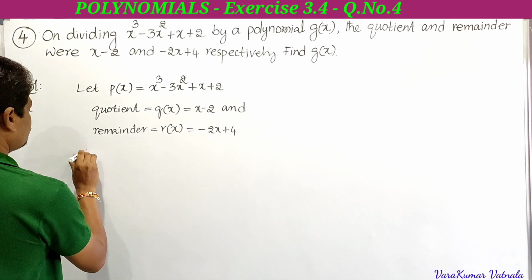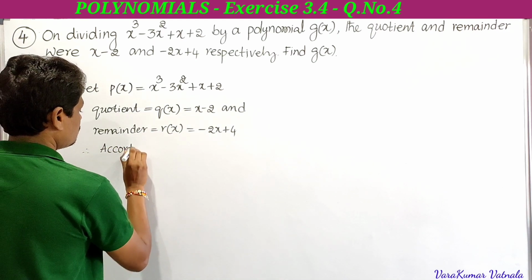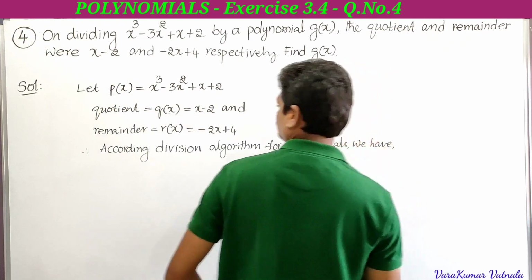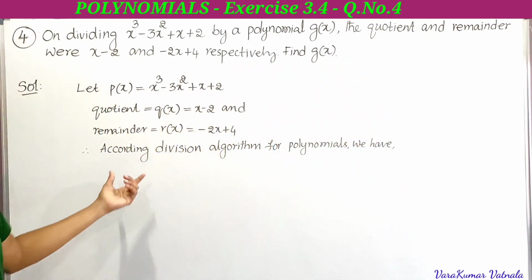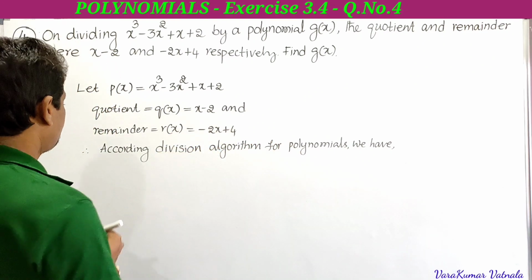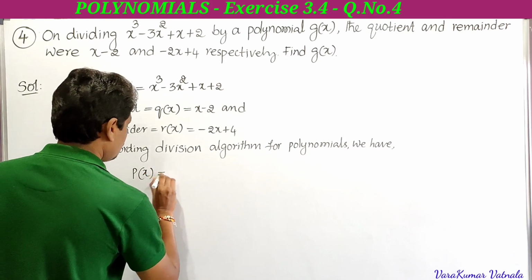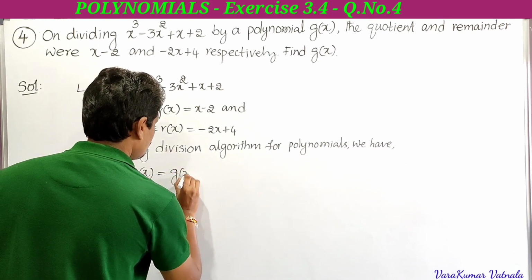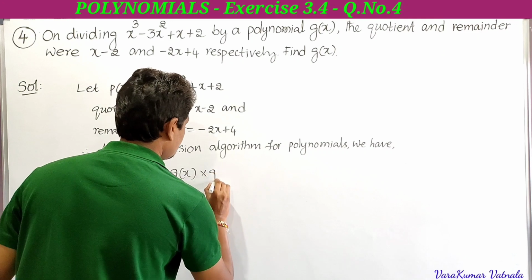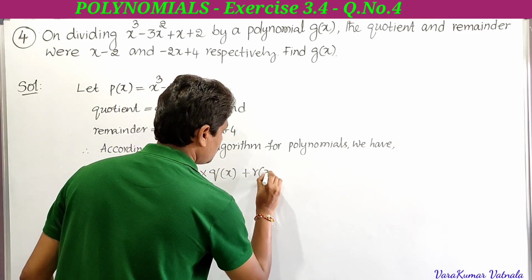Therefore, according to the division algorithm for polynomials, we have p of x is equal to g of x into q of x plus r of x.